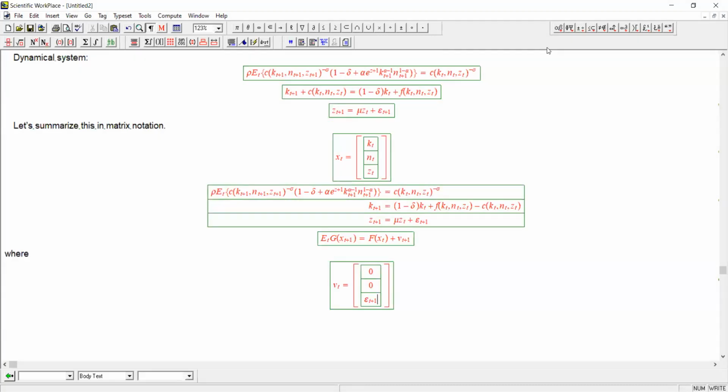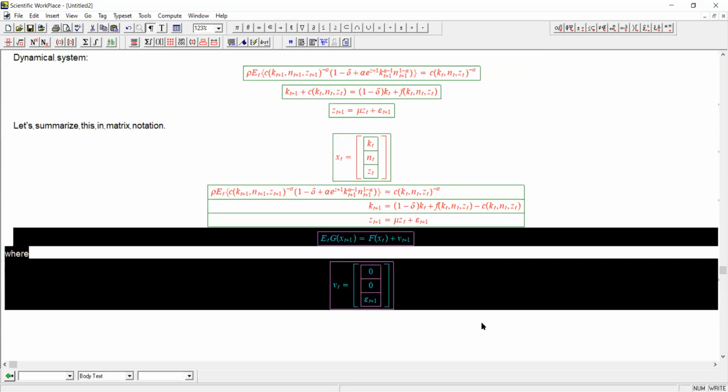So the solution to the planner's problem is the solution to this dynamical system. There's one more condition that I haven't written down, which is the transversality condition. Keep that in mind because it's going to be important later on.